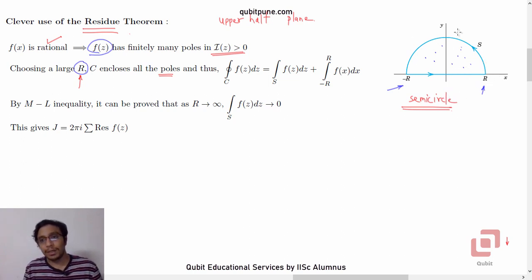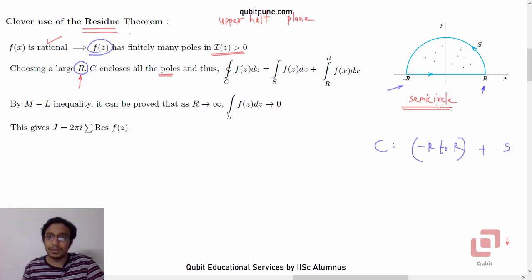If you call the entire contour of integration C, then what we want is minus R to R, and to this we need to add the semicircular curve.